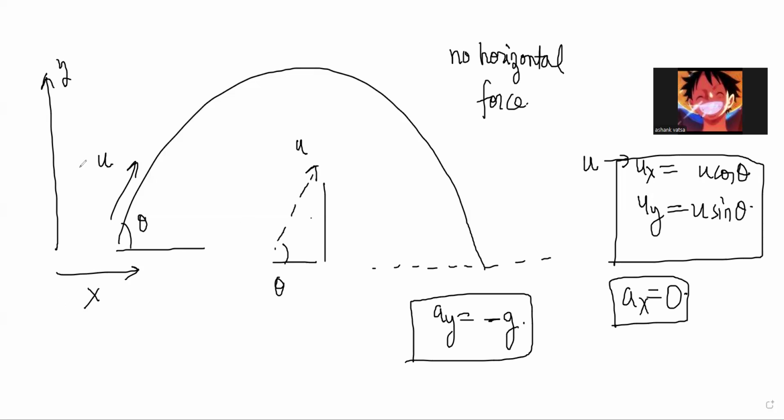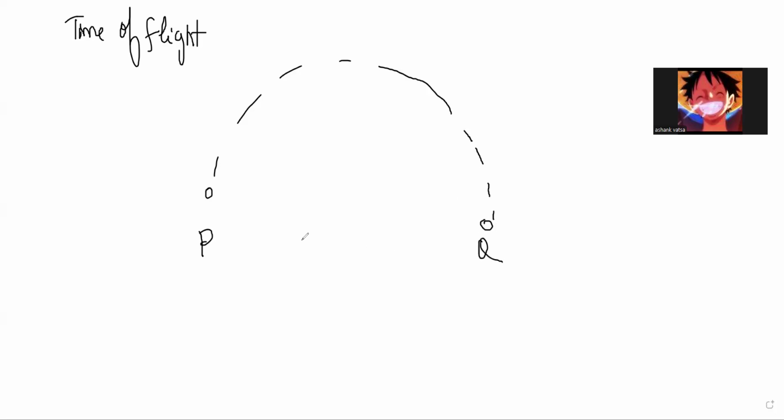So that is known as time of flight. If you start like this and come down here, you should realize that the difference between points P and Q is the total range, as it is called.